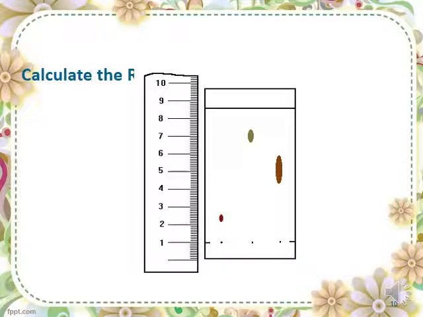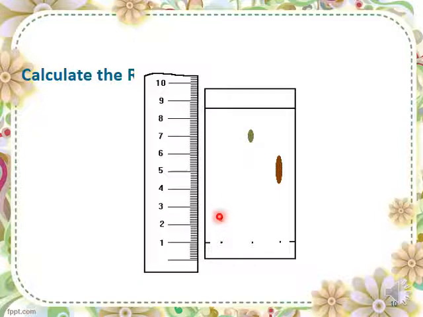So can you calculate the RF retention factor value for spot 1, spot 2 and spot 3? To calculate this, you need to measure the distance traveled by the spot, from this point to here, and divide it by the distance traveled by the solvent, from this line to this line. The distance traveled by the spot, here to here, is about 1.34 centimeter. You measure from this, not here.